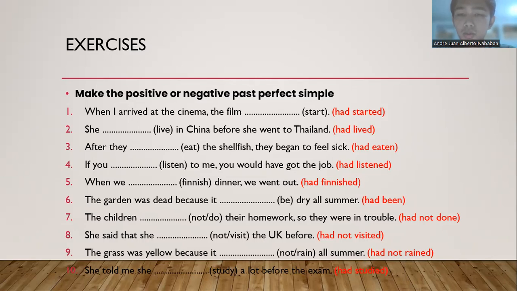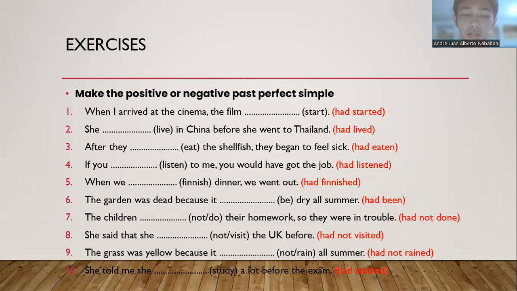So if we have the clue start, we need to input had before this verb, and this verb start, we transform it into a past participle or a verb 3. So the answer is had started. So this sentence will be, when I arrived at the cinema, the film had started.